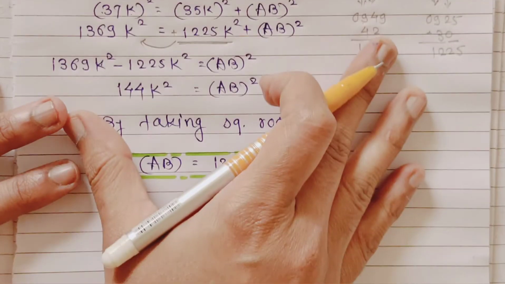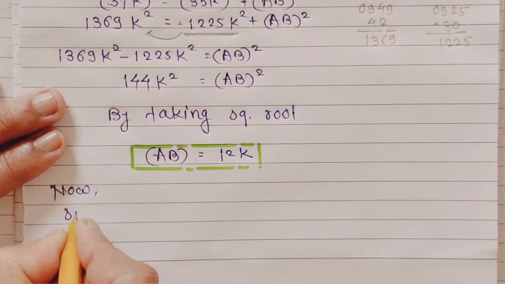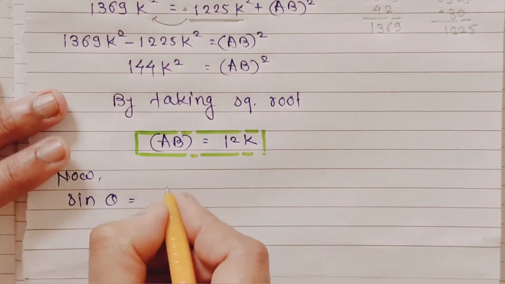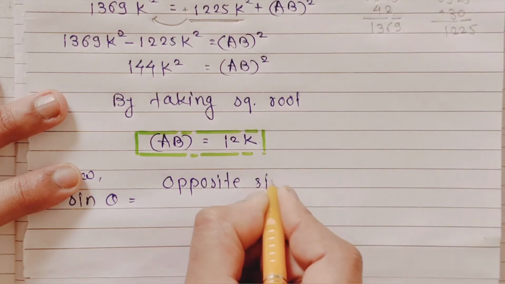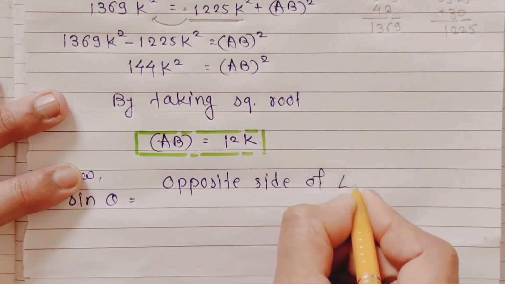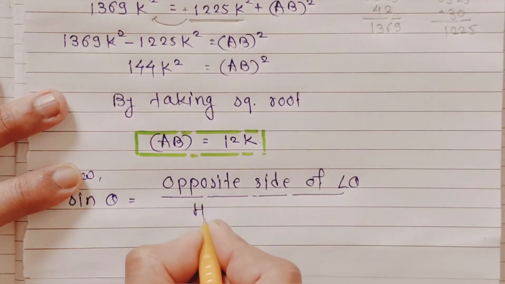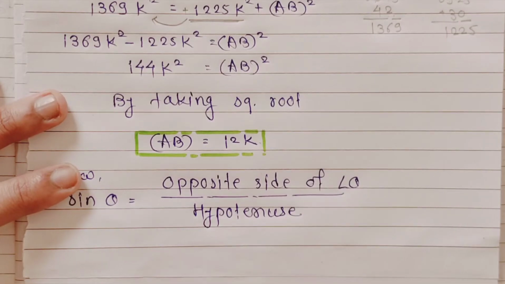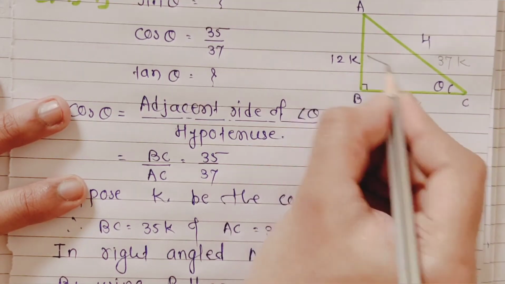So we can write now sin theta. We know the sin ratio. Sin is equal to opposite side of angle theta upon hypotenuse. So opposite side of angle theta, see the figure, opposite side of angle theta, that means AB, is it?